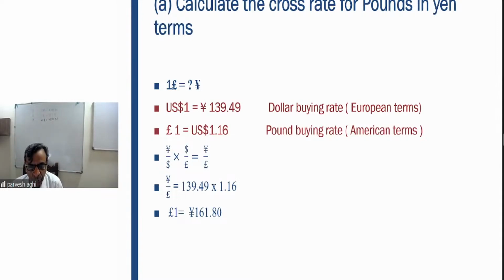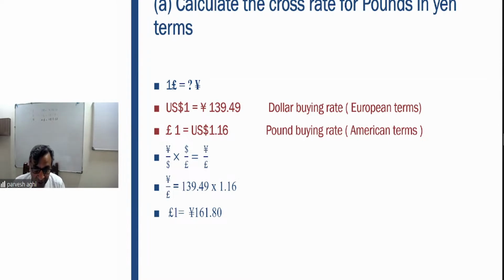So this is how you calculate the cross rate for pound in yen terms. You need to find the price of £1 in yen. Now this is a direct quote of which country? Japan. So most likely a Japanese person is traveling to England and needs a quotation for £1.